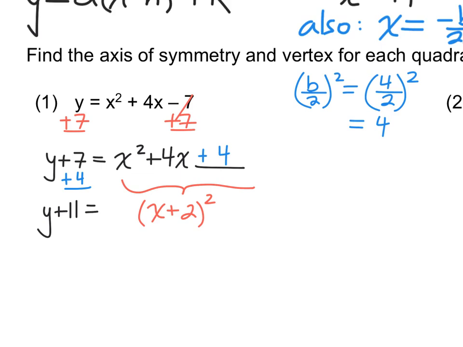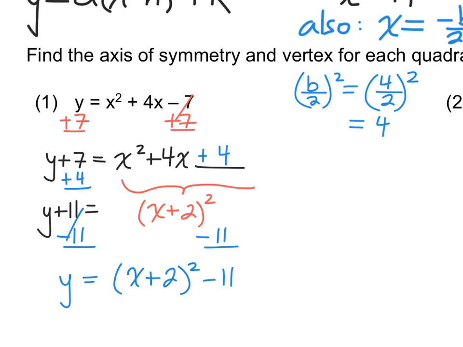Normally at this point we would take the square root, but if our goal here is to write it in standard form, the only thing I have to do at this point is get y by itself. Subtract the 11, and that's it. So y would be equal to x plus 2 squared minus 11.